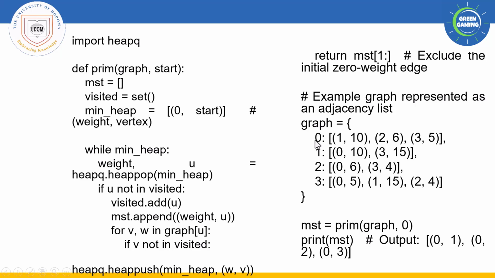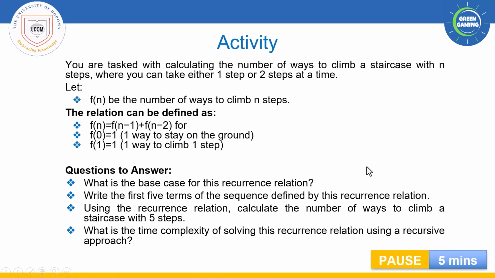Then we go to the neighbors of 0, which are 1, 2, and 3: 1 with 10, 2 with 6, and 3 with 5. Then we add these weights, 10 to 1, 6 to 2, 5 to 3, and go on until we iterate through every neighbor in our graph. So that's how our Prim's algorithm works.